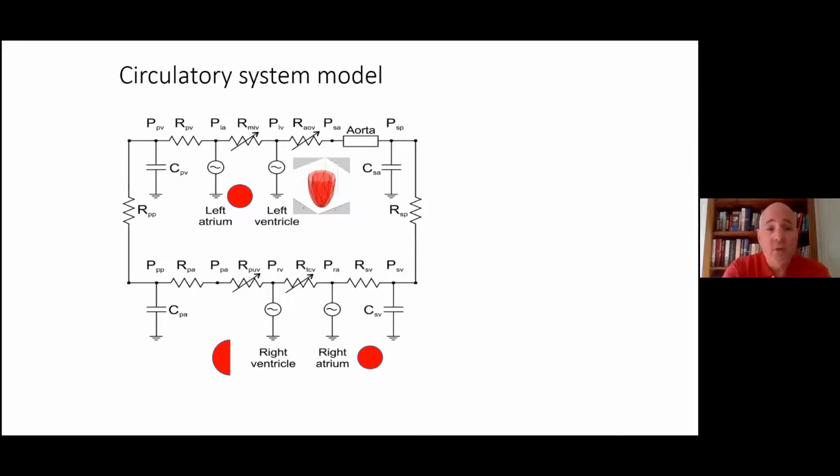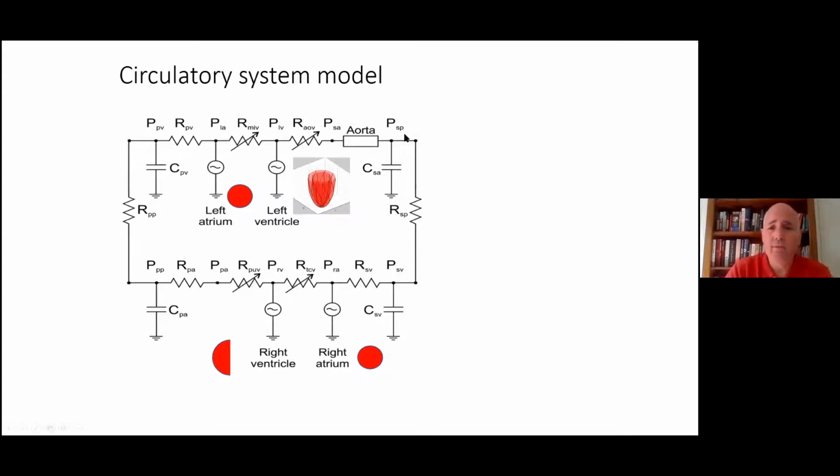We have a full circulatory system model, which is a closed loop model. It has the spatially resolved left ventricle model, and then simpler models, although still spatially resolved, spherical models that describe the contractile force and the passive stiffness of the left atrium, the right ventricle, and the right atrium. And then there's a lumped parameter system that describes resistances and compliances in the pulmonary and systemic circulation.